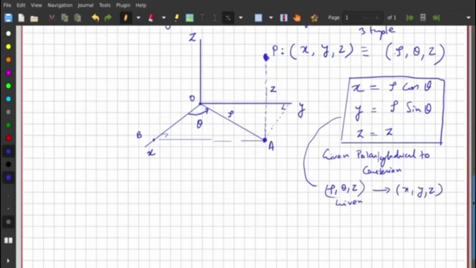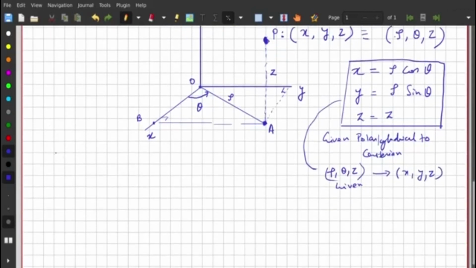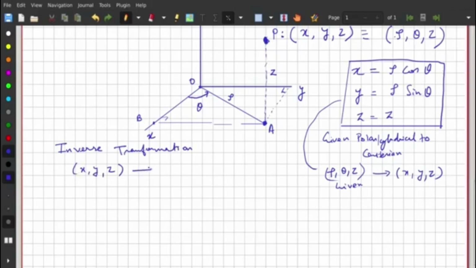Now let's write the inverse transformation. The inverse transformation means we are now given x, y, z, and we have to find rho, theta, z. These are unknown. If you see, it is quite easy to write from these two equations.